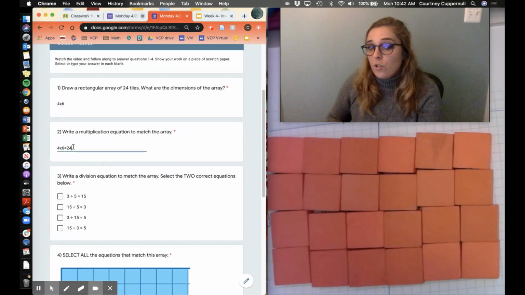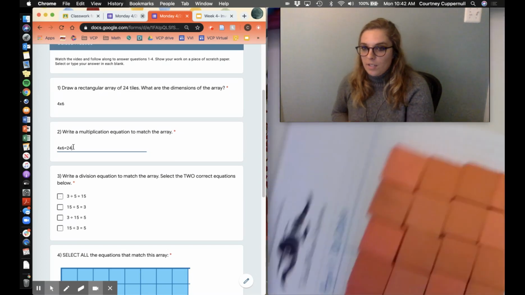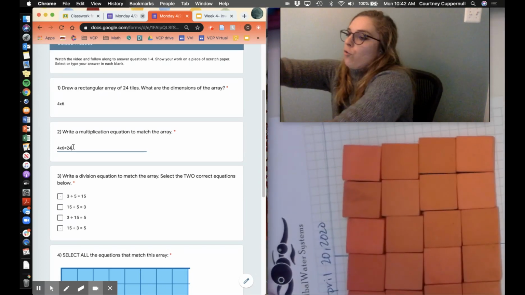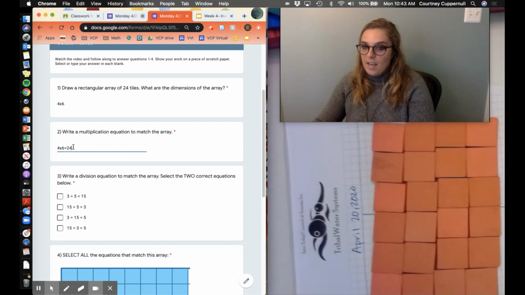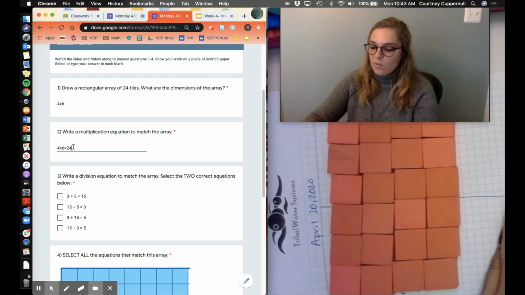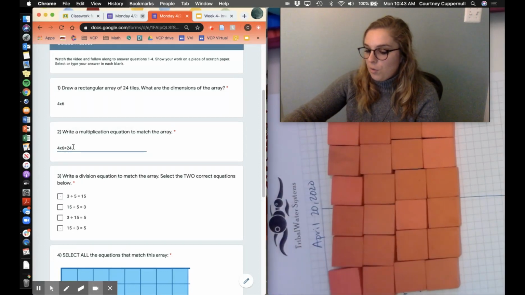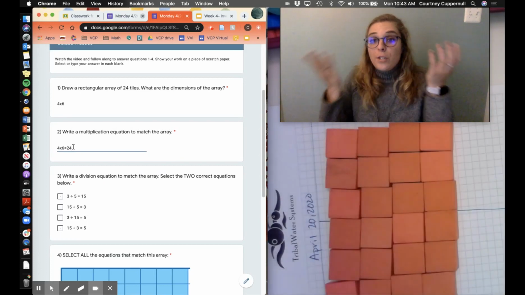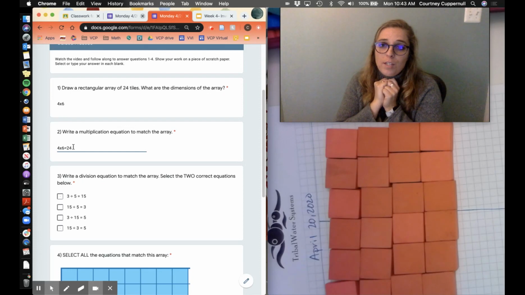If you want to write 6 times 4, then you would have drawn or made something that looks like this. It's the congruent, which means we flip the rows and columns. In this case, this has 1, 2, 3, 4, 5, 6 rows and 1, 2, 3, 4 columns. Now we know it has the same total tiles because we're really smart mathematicians and we reviewed this when we did array jar.